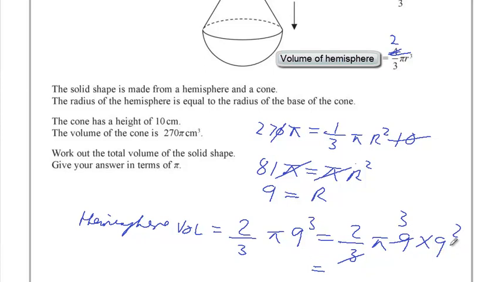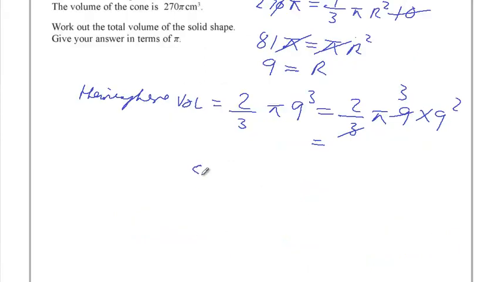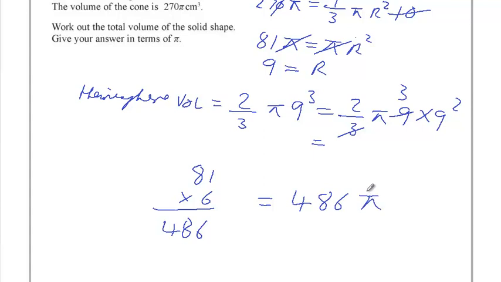And 9 squared was 81, wasn't it? So it's 6 times 81. So let's just work that out. We can do it this way. 81 times 6. 6 ones are 6. 6 eights are 48. 486. So this one equals 486 pi.